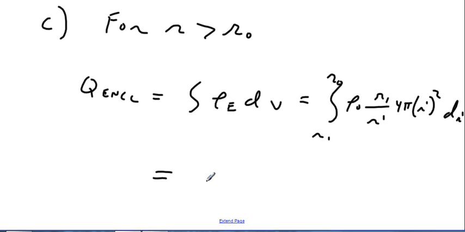And that's going to equal 2 pi R1 rho naught times R0 squared minus R1 squared.